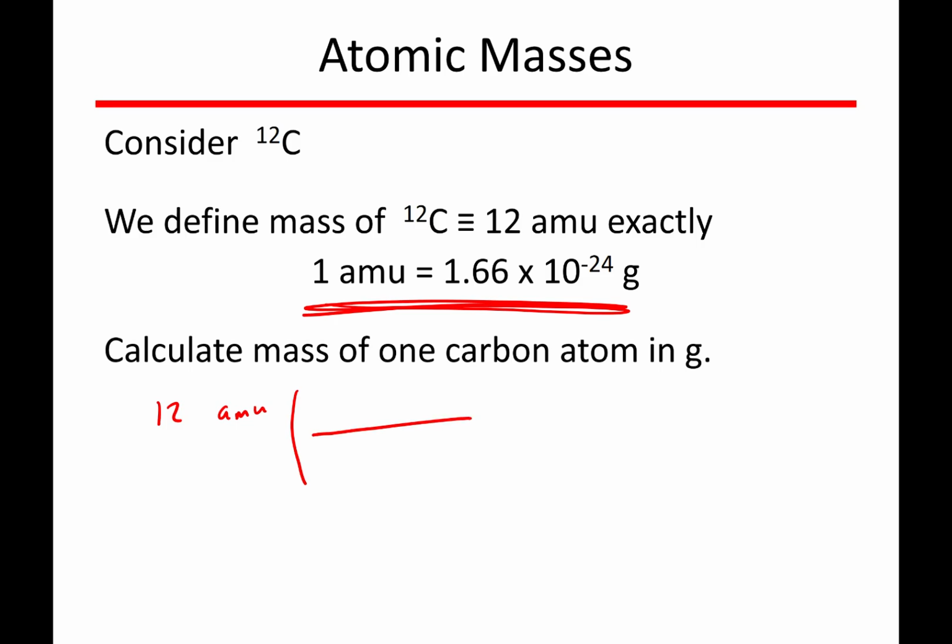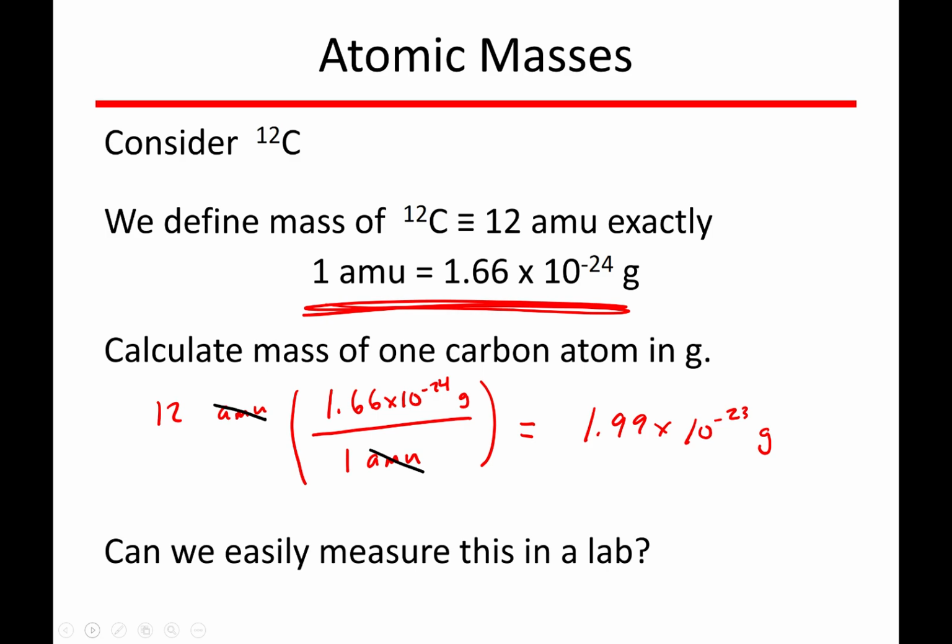We want AMUs to cancel out, so we're going to put the 1 AMU on the bottom, and then we want to go towards grams, so we'll put 1.66 times 10 to the minus 24 grams on the top. Doing it like that allows us to see how the atomic mass units cancel out, and it gets us into units of grams. And what we find is that the mass of this carbon atom is 12 times 1.66 times 10 to the minus 24, which comes out to 1.99 times 10 to the minus 23 grams.